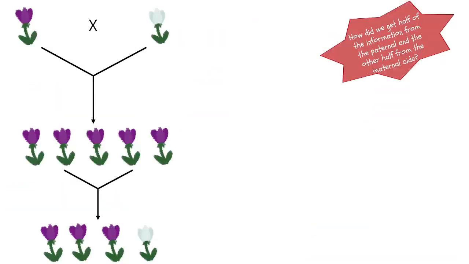Now, continuing on. How do you get half of the information from the paternal side and the other half from the maternal side? Because as you can see, for the white color to pass on to the next generations, we have to get it from somewhere. Now, each flower creates a gamete.